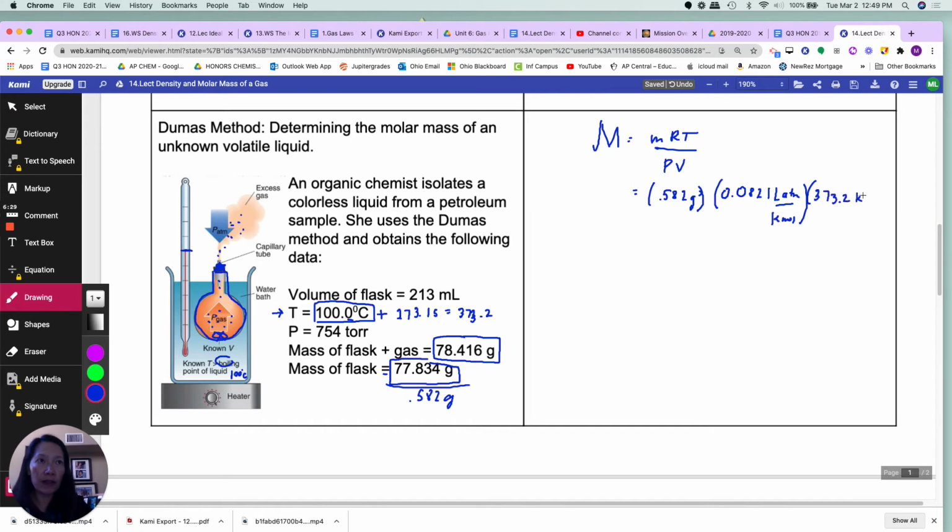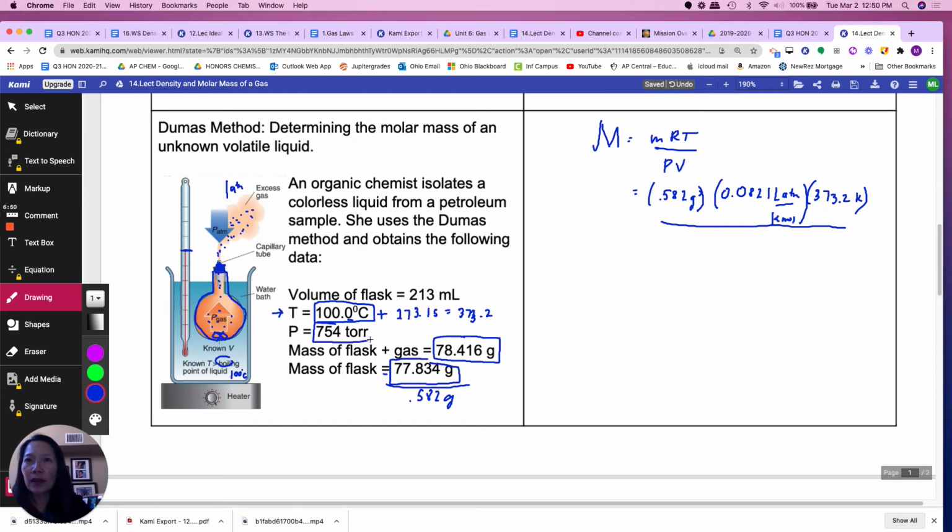So the temperature is 373.2 Kelvin. The pressure: before you sealed it, the gas was able to come out, right? So the pressure inside is the same as the pressure outside because it was open to the environment. That means the pressure outside is about 1 atm, but it's a little bit lower, so you have to convert this to atm.